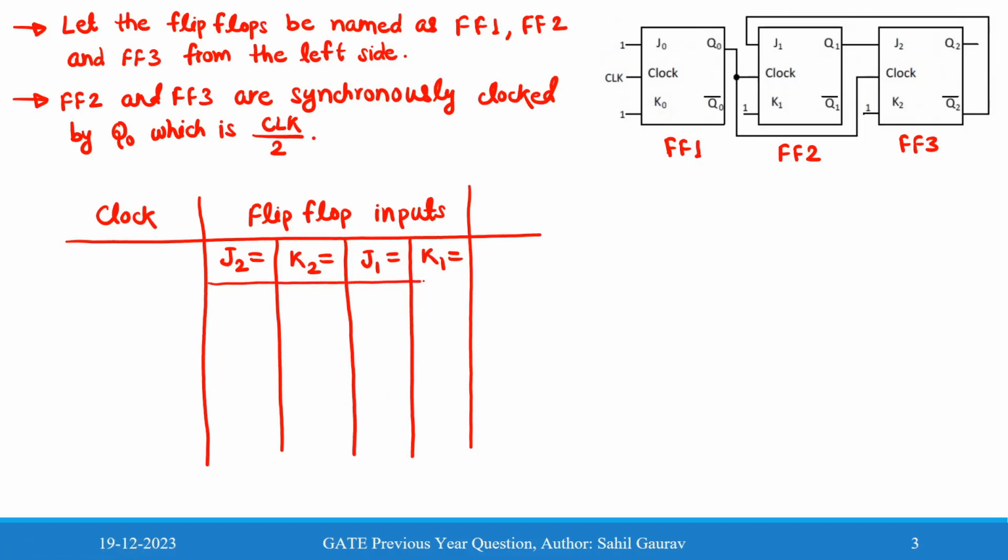J2 is connected with Q1, so J2 equals Q1. K2 is connected with 1, it is always at 1 condition. J1 is connected with Q2 bar, and K1 is always 1.